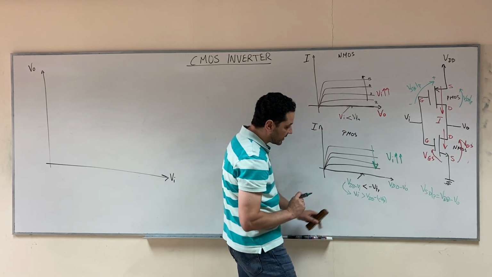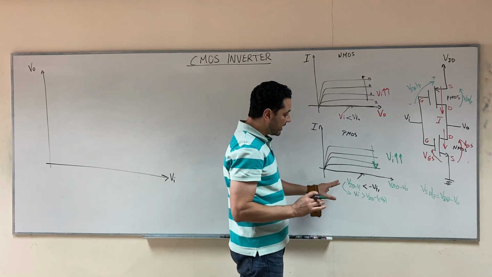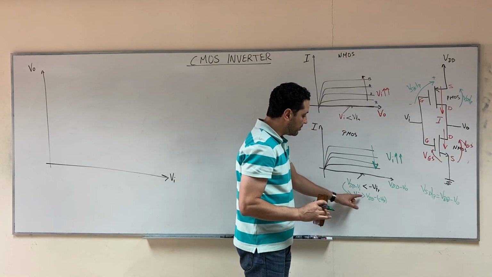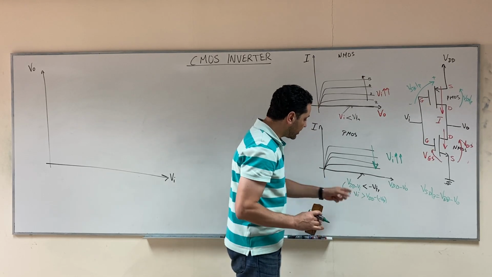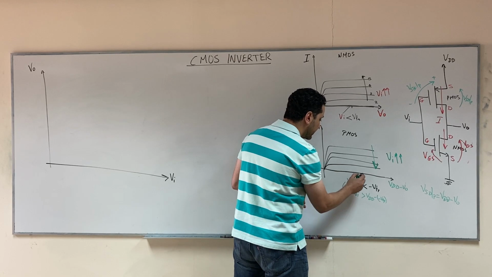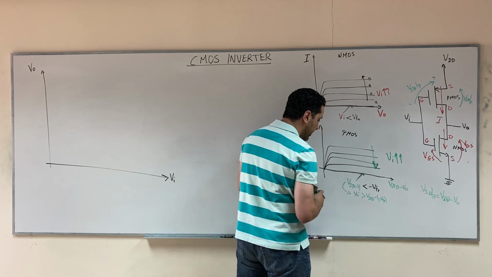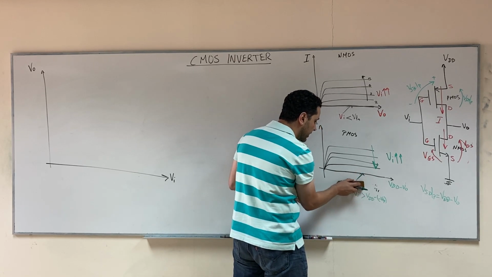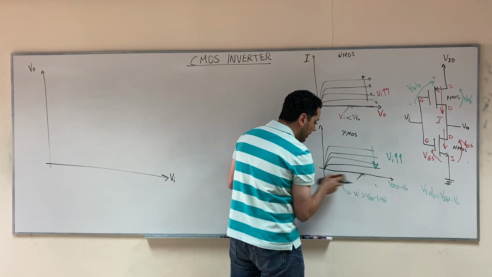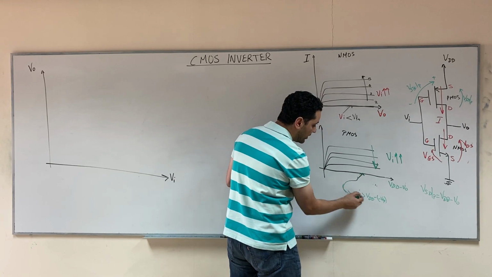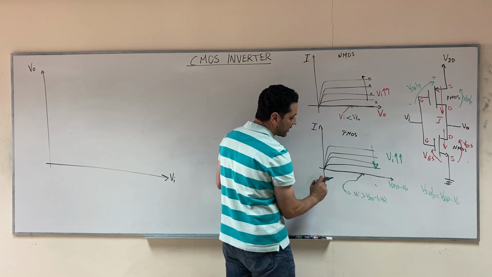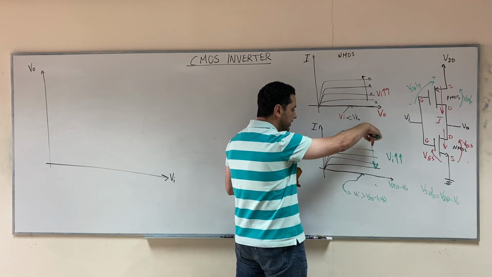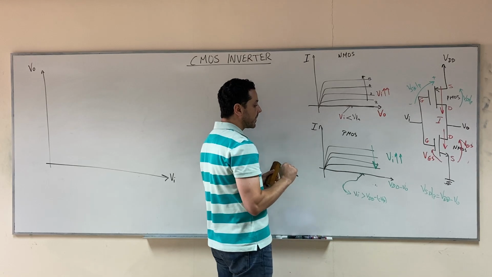I insist on writing it like this to avoid any confusion. So until V input is higher than VDD minus the negative value of V threshold, then you will get this curve, the zero curve. Now we can remove this condition, and we say that when V input is higher than VDD minus V threshold, you will get the zero curve, and as V input increases, you go down.